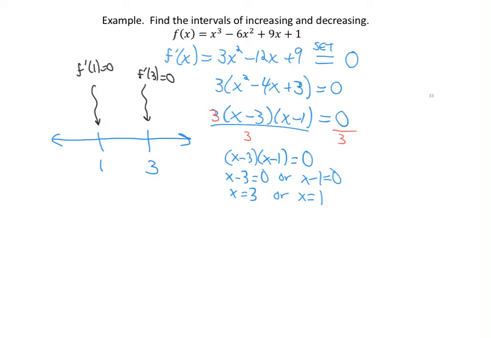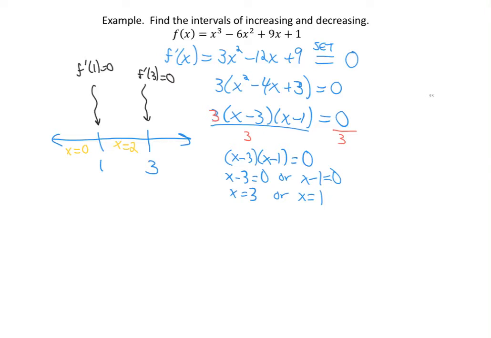That's where we choose test points. I'll pick x equals 0 as my test point in the region left of 1. And I'll pick x equals 2 as my test point in the region from 1 to 3.